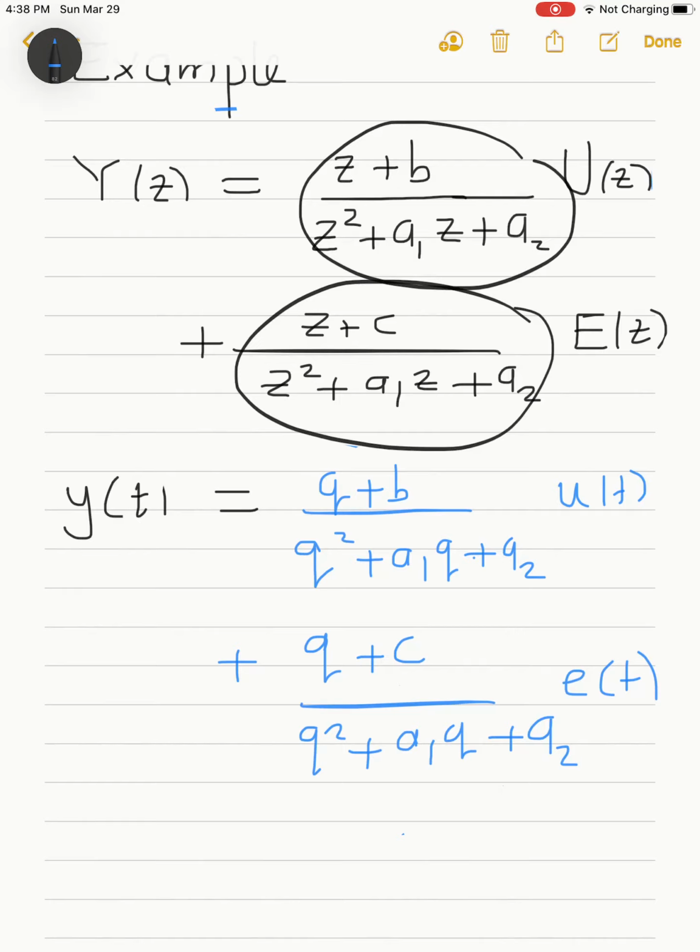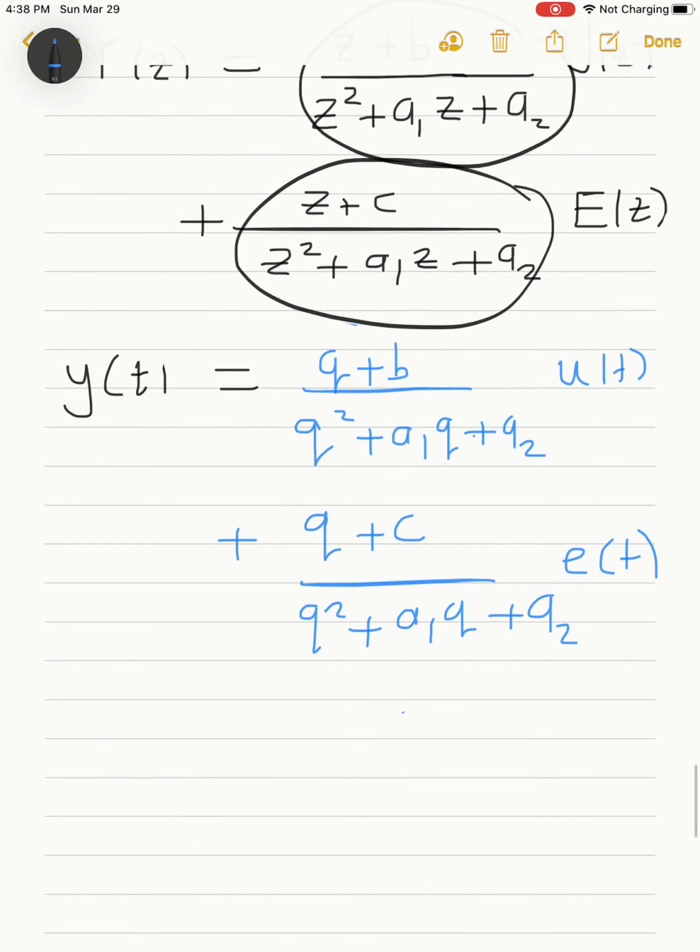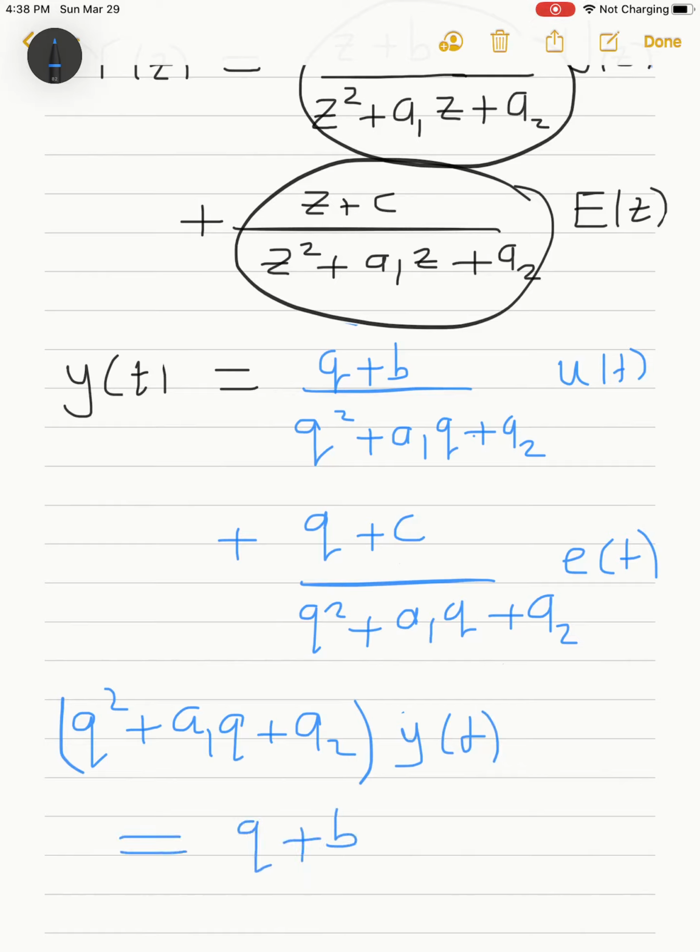Anyway, if you have this relation, then you can actually write this as (q squared plus a1 q plus a2) times y of t equals (q plus b) u plus (q plus c) multiplying e.